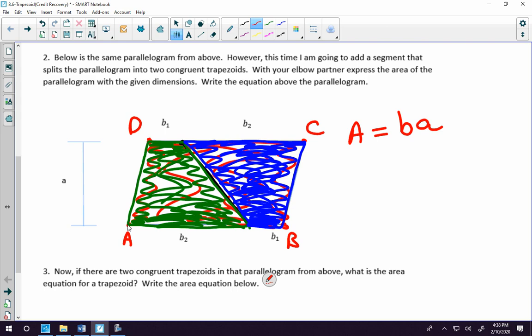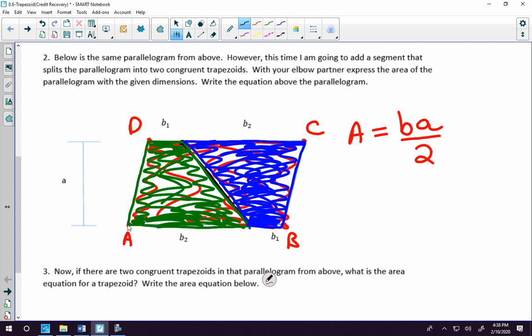Hopefully you would notice that the area of that blue trapezoid or the green has to be 1/2 the area of the parallelogram. Why? Because two of those trapezoids fit in the one parallelogram. So we need to take this formula for parallelogram and cut it in half because the area of that green trapezoid or the blue is 1/2 the area of the parallelogram.